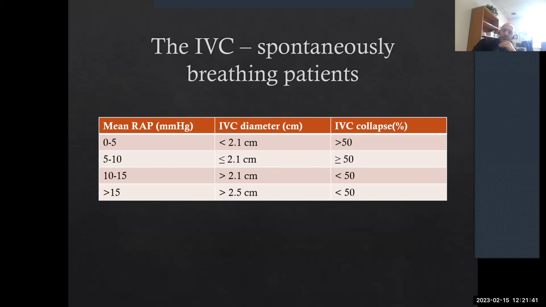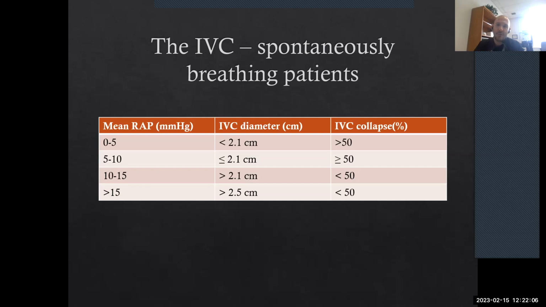There's been some data to show that it correlates reasonably well with a CVP or right atrial pressure in certain populations. And so what we've done is use the IVC diameter and the IVC collapsibility with respiration in spontaneous breathing patients to estimate a mean right atrial pressure, and therefore a mean CVP, and an overall state of the degree of venous filling of a patient.